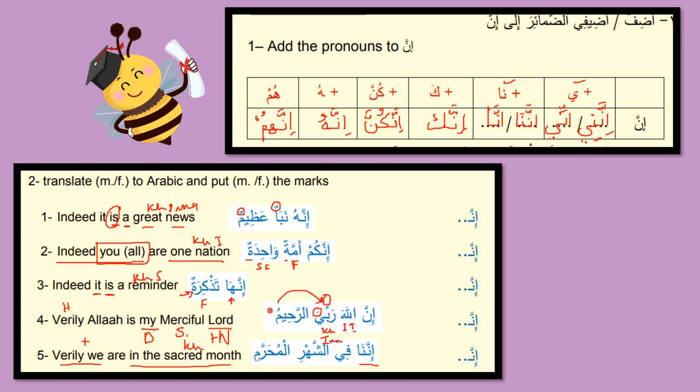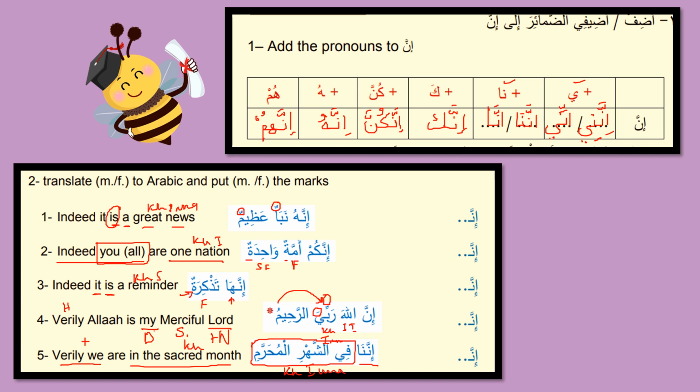So fi ash-shahri al-muharrami. Shahr means month, muharram means sacred. So fi shahri al-muharrami, the whole sentence together, fi shahr al-muharrami, is our khabar inna.